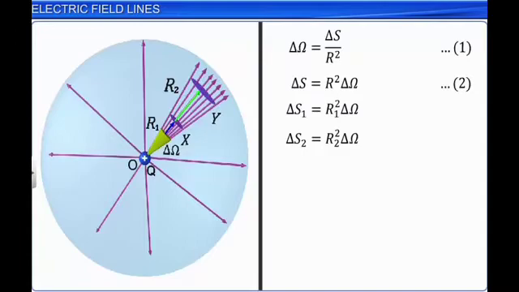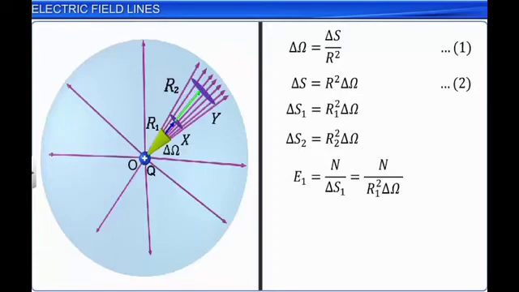The number of field lines passing normal to a unit area is equal to the electric field strength E. Therefore, the electric field strength E1 at X will be equal to number of field lines per unit area at X, which is equal to N by delta S1, or N by r1 square into delta omega, using the value of delta S1.